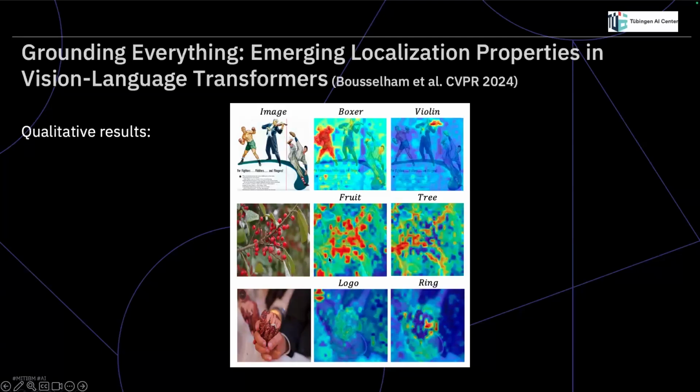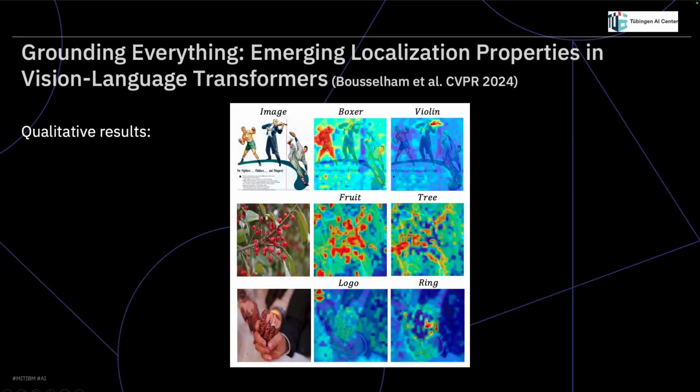You can tell apart the fruit versus the tree, where tree here mainly refers to the branch. But you also pick up fine-grained stuff like the logo here on top of the image or the ring on the finger. And the interesting thing that we found is that we are able to do this localization mainly because we are able to leverage the CLIP vocabulary.